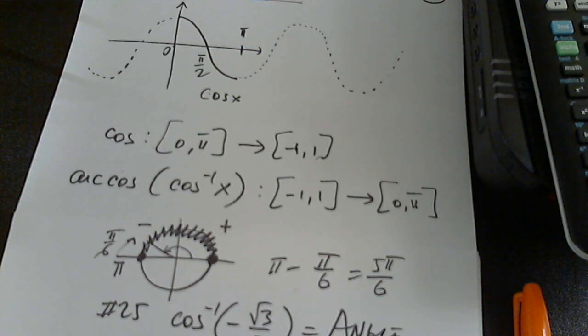When I click enter, I have to get 5 pi over 6, but the calculator will not give me 5 pi over 6. So I have to create the 5 pi over 6. And when I click enter, I have to get these 2 points. If I don't, something is wrong, and I have to go back to the drawing board. Okay, any questions on this?